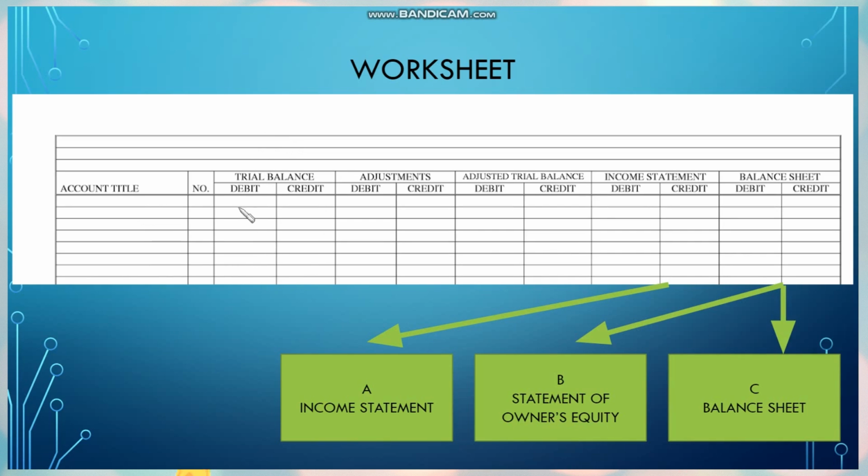So the first trial balance came from the balances from the ledger, right? And then you make adjustments to correct the amount of some account titles. There might have been some transactions that were recorded wrong, or probably there were some transactions that are not yet recorded, so we put these in the adjustments, and that would be the second set of columns.